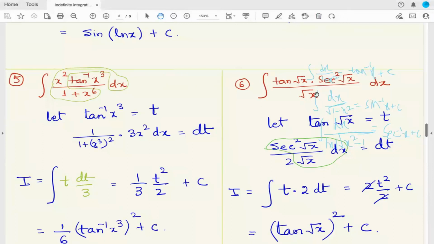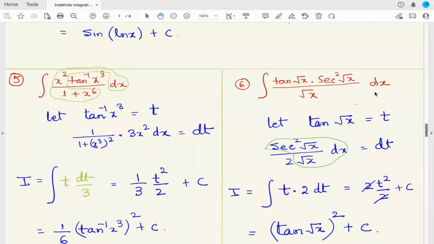Problem number 6. So what is it? This is a complex integrand again. Let me erase that. Okay, so move on to the next problem, which is tan root x sec square root x by root x dx.